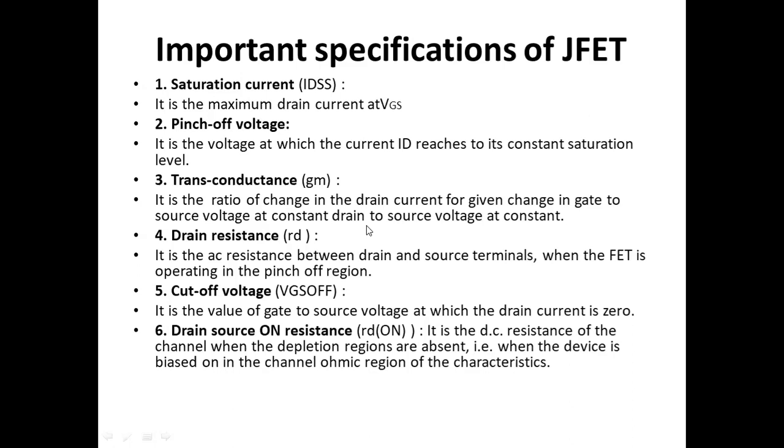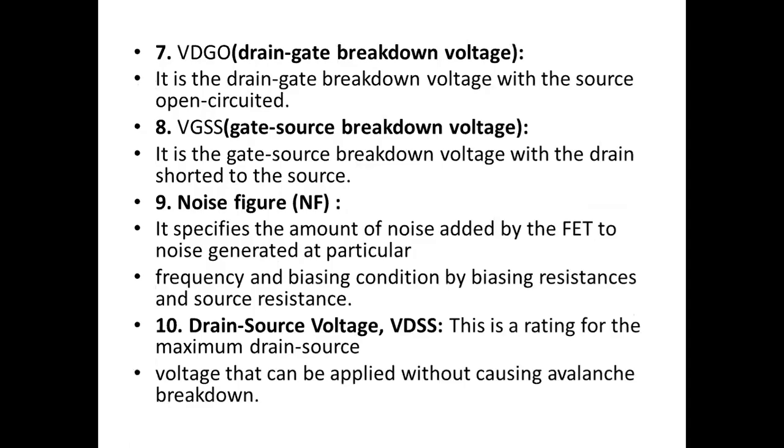Drain source on resistance. It is the DC resistance of the channel when the depletion regions are absent. That is when the device is biased in the ohmic region of its characteristics. So next, drain gate breakdown voltage.